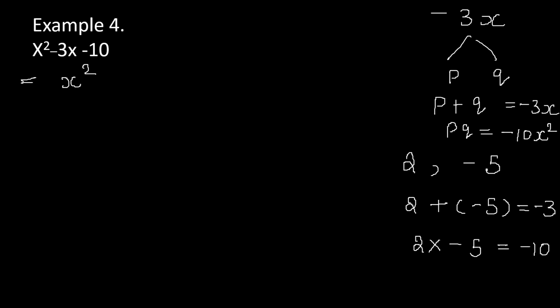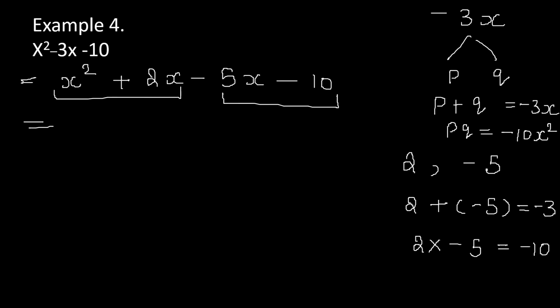So we will put here, you can write plus 2x minus 5x minus 10. Now again the same step, make groups: x plus 2, then minus, there will be x plus 2. Why plus sign?